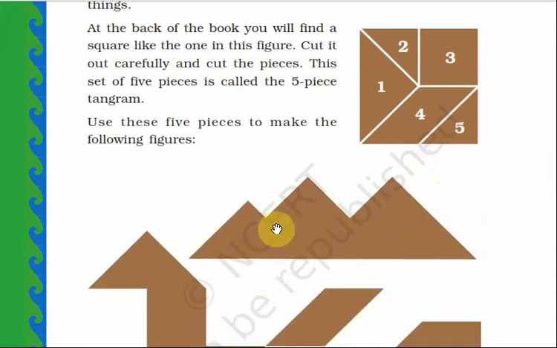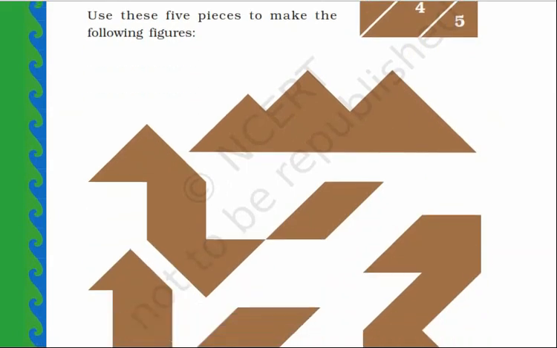You have to arrange these pieces in the order of these figures. So cut it today itself, and you have to arrange it today and make these figures using these pieces. That is the homework for today. Take each of the pieces. You can arrange them in any way to make these figures on this page.